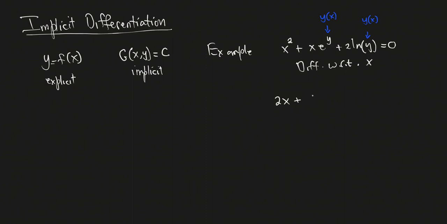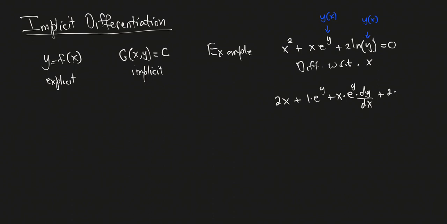So product rule says 1 times e to the y, plus x times, and when we differentiate the composite e to the y of x, we'll get back the e to the y, but then we have to multiply by the derivative of the inner function, and the derivative of y is going to be dy/dx. And then we keep going, so plus 2 times, same idea.